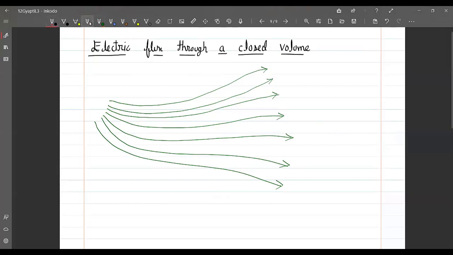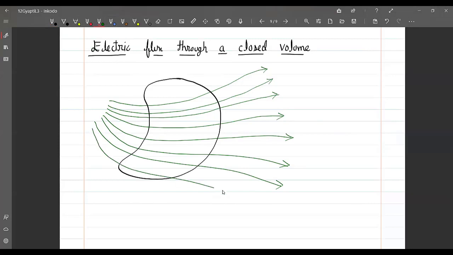And I would like to take my shape as a volume. I hope you can imagine this. Call it a cashew nut shape. I just want to give it a random shape. Imagine it, a big cashew nut, and you have a shape like this.